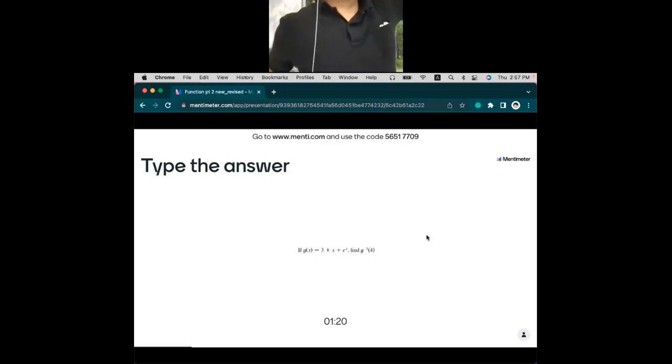I just use the website, menti.com, the top one, and then use the code there. You can go to the front and see the number if you cannot see from there.